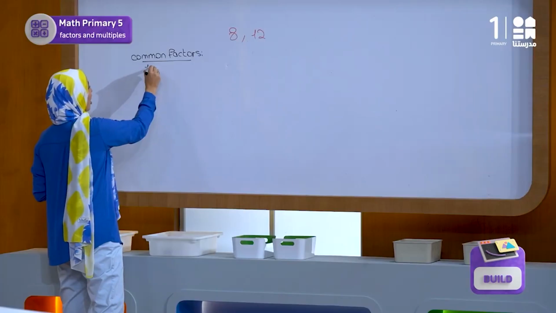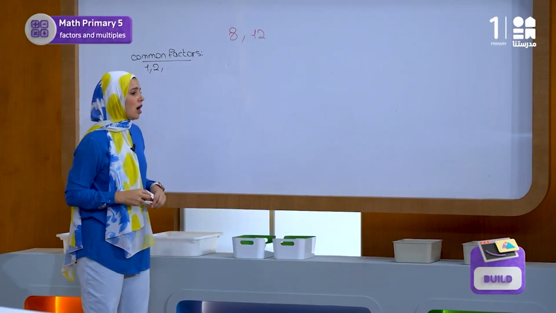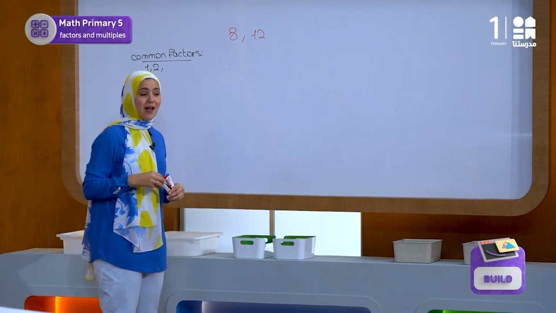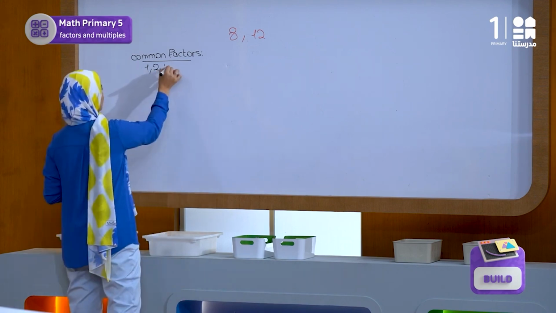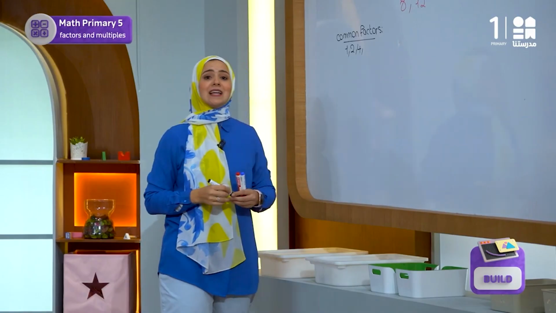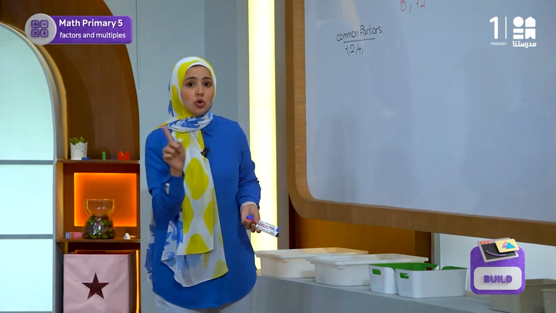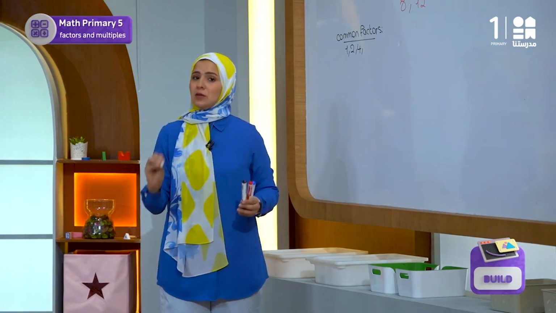So the second common factor is 2. What else can we think of? Both numbers can also be divided by 4. So 4 is another common factor. The common factors are finite. Don't forget that, because the factors of numbers are limited.